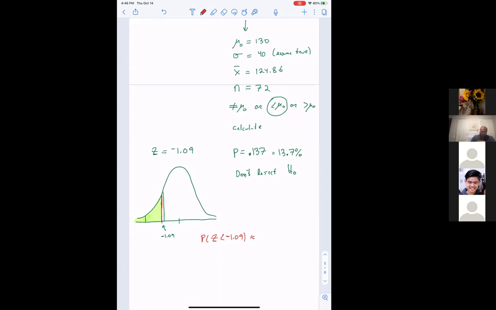Is that the lower or the upper? Look at my picture. Is negative 1.09 the lower or is negative 1.09 the upper? This is what I'm trying to get here, right? What's the lower? This number on the right or this number on the left? Which of those two numbers is lower?